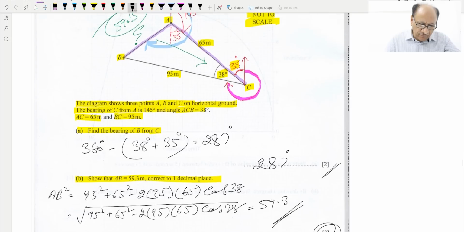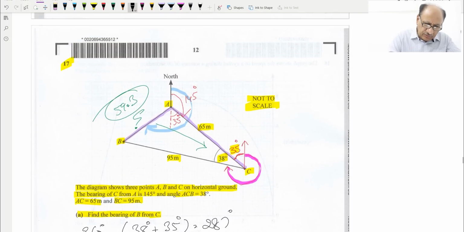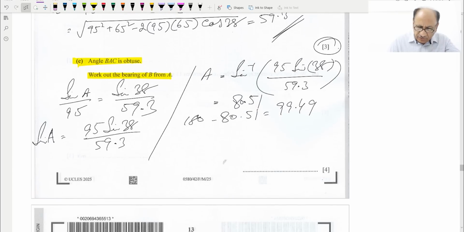This 99.49 is the angle from this point to this point, and this 145 also we will be adding to it. So we will be getting the final answer.